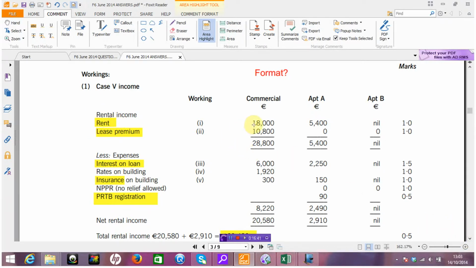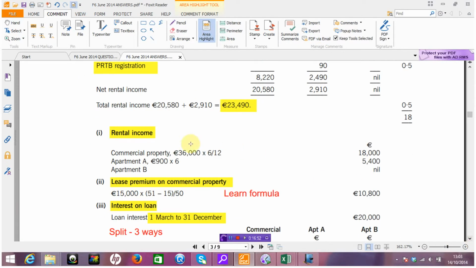Now you'll see that across the top here we just have a series of figures that are taken straight from the question. I'll show you the part number 1 now. We just move down below. The rental income side, the commercial property, we were given the annual rental. And you remember that we said that the property wasn't purchased until March of 2013, but then again, it wasn't let until the 1st of July.